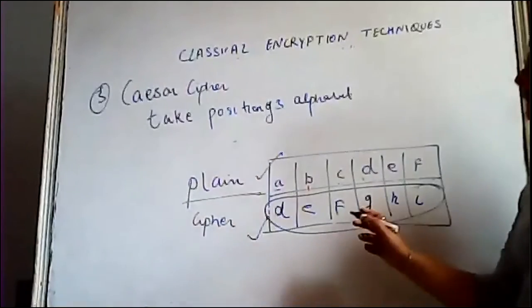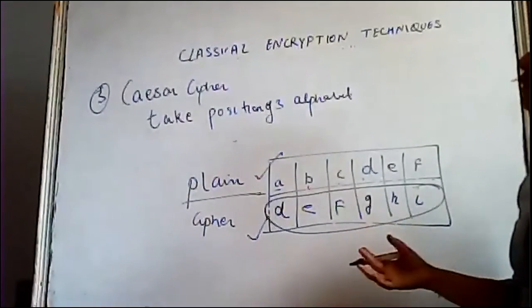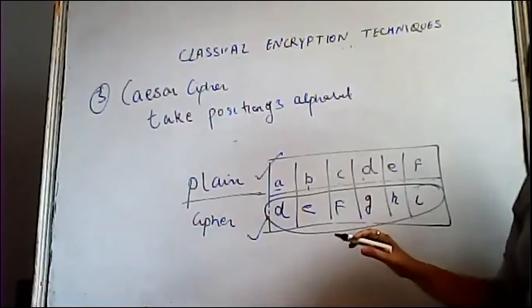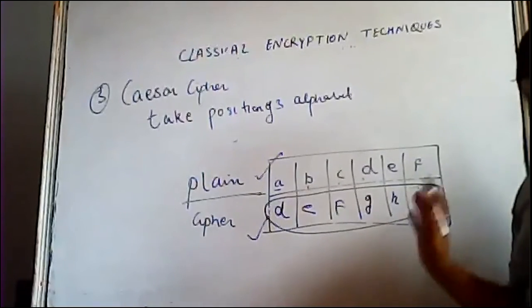Okay? But in case of a Caesar cipher, what method are you following? You are taking the position of the third alphabet from the front alphabet. Fine?